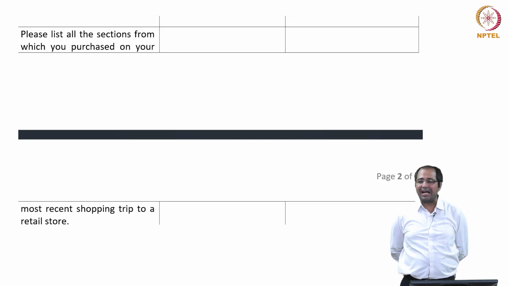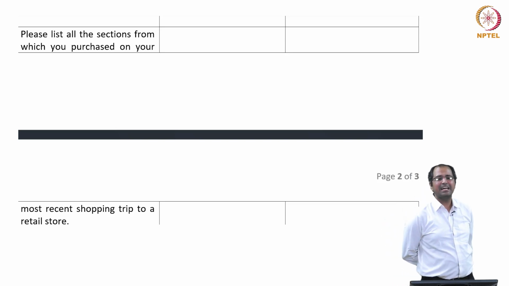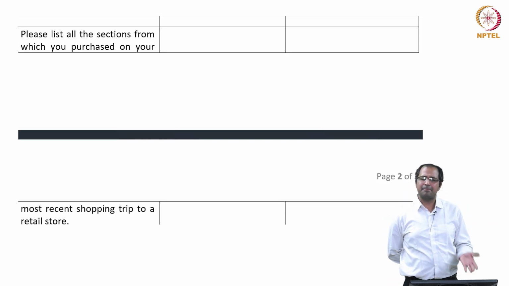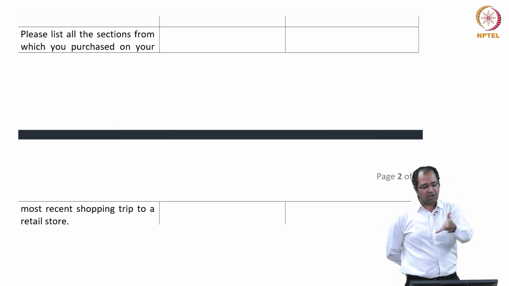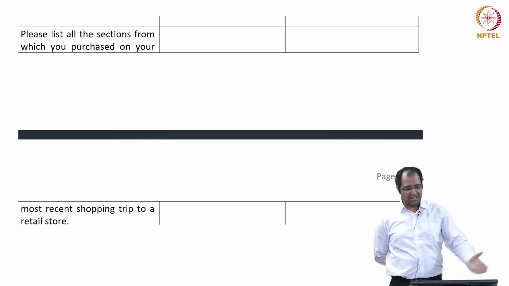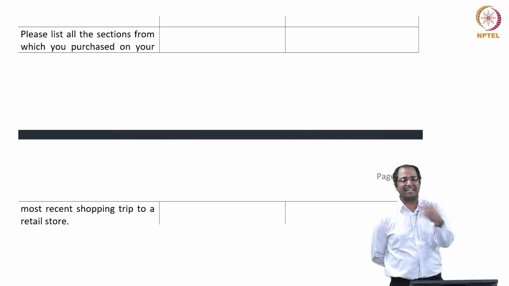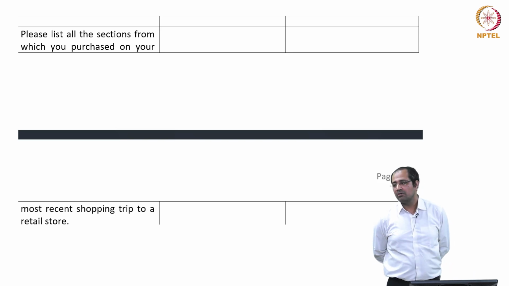Let's say IIT Madras is doing this survey to find out where people most often visit when they come to IIT. Please list all the specific locations or specific departments and centers where you went during your visit to IIT.